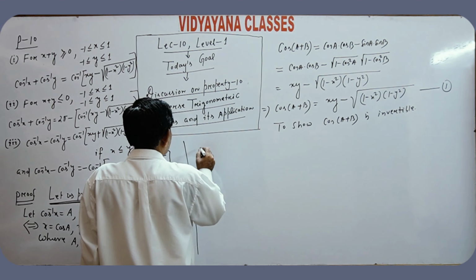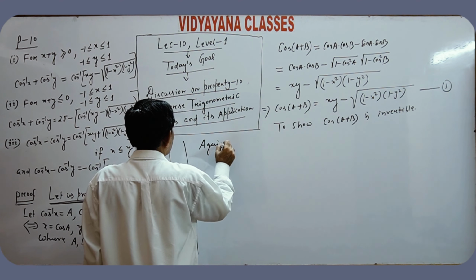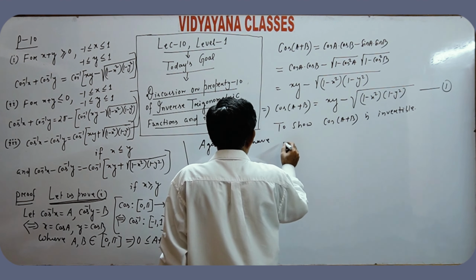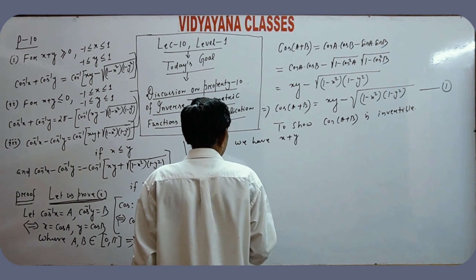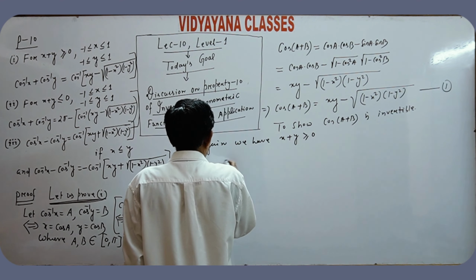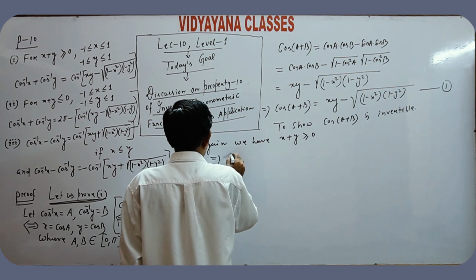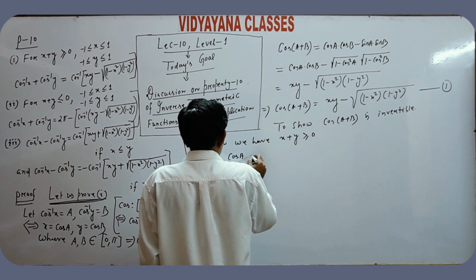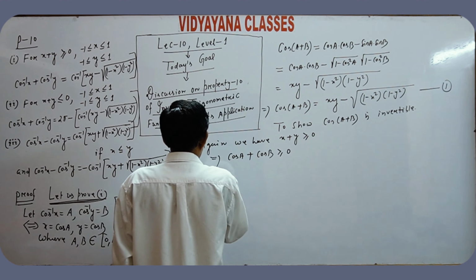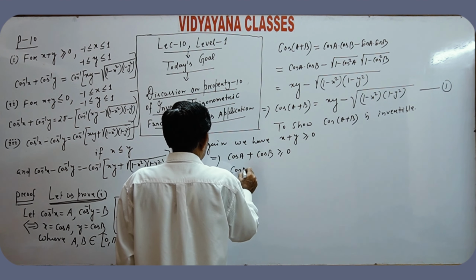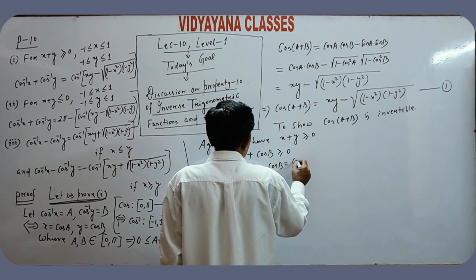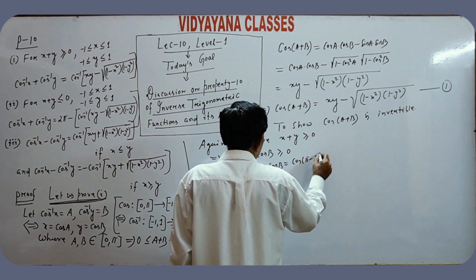Again we have x plus y greater than or equal to 0, which implies x equal to cos a, y is equal to cos b, so cos a greater than or equal to minus cos b, which is the same as cos(pi minus b).